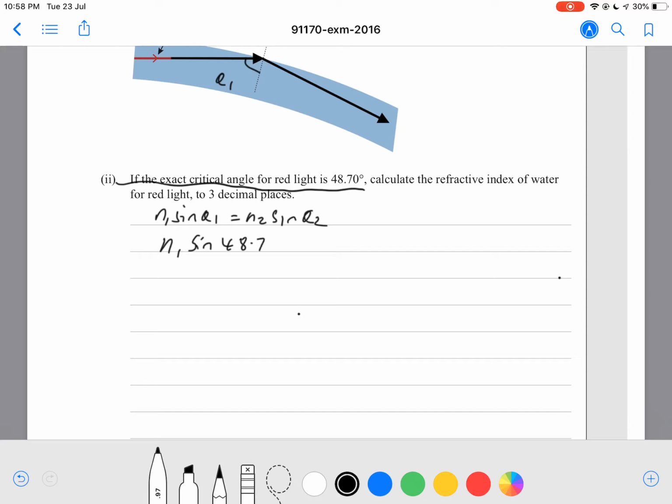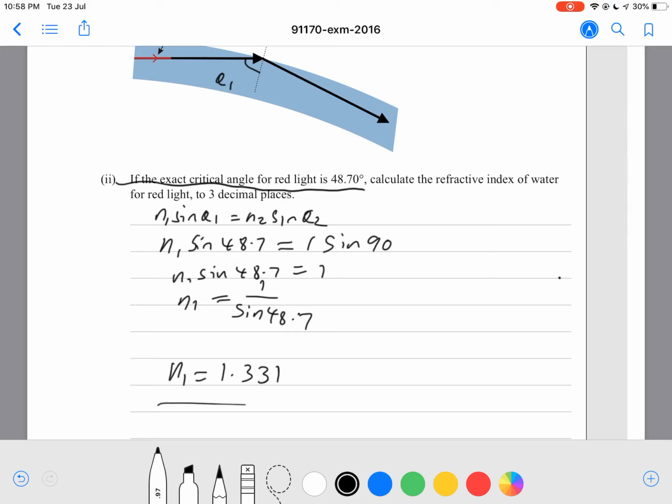Sine of 48.7, that's the angle of incidence, equals n2, we know it's 1, times sine 90, because the angle of refraction is 90. Sine 90 is 1, okay, so n1 sine 48.7 equals 1. n1 equals 1 divided by sine 48.7. That gives you your answer as n1 equals 1.331.